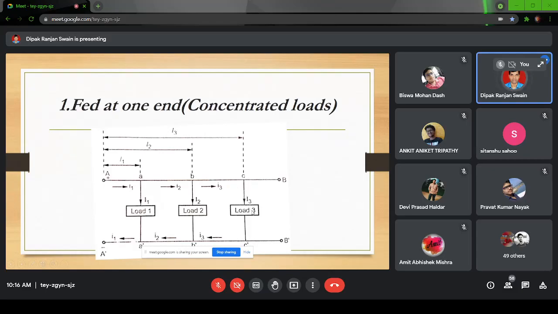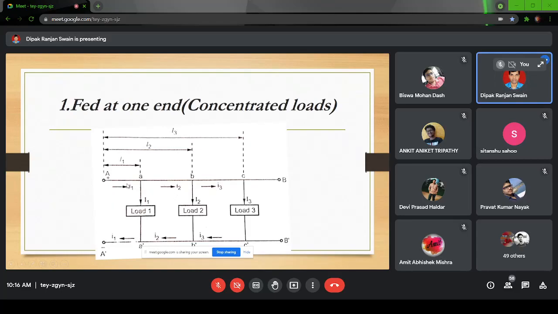The feeder BC will carry the current I3 only. The current drawn in the section AB will be I2 plus I3, so that I2 goes to load 2 and I3 goes to load 3. The current in the section capital A to small a is the sum of all the currents, I1 plus I2 plus I3.